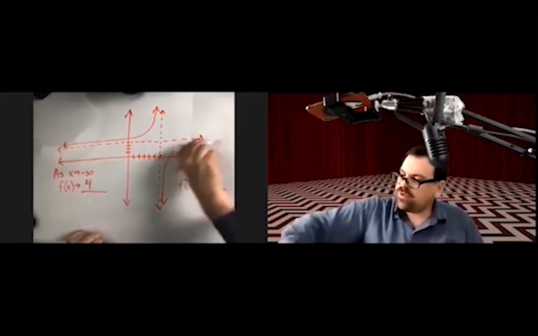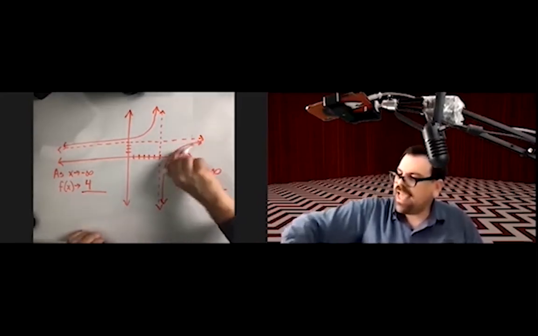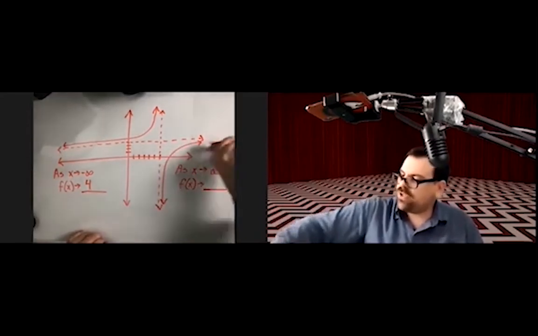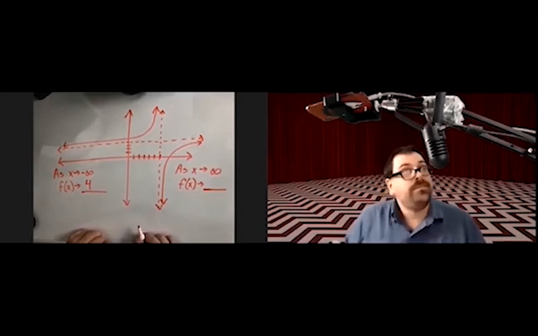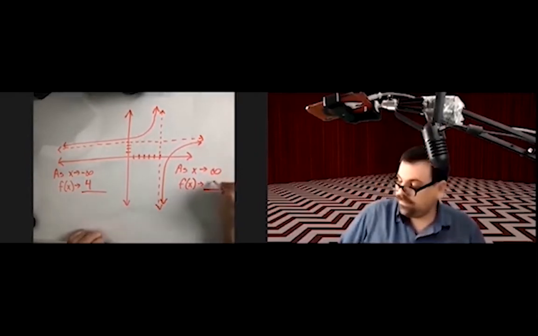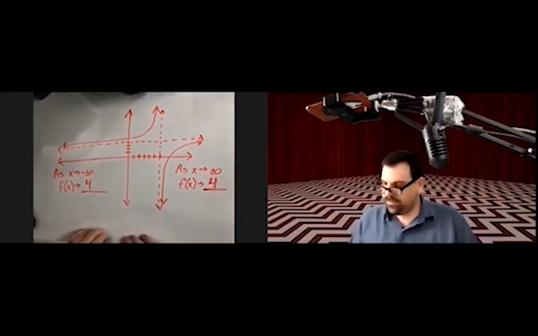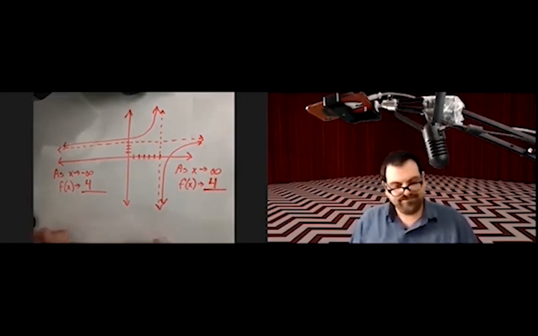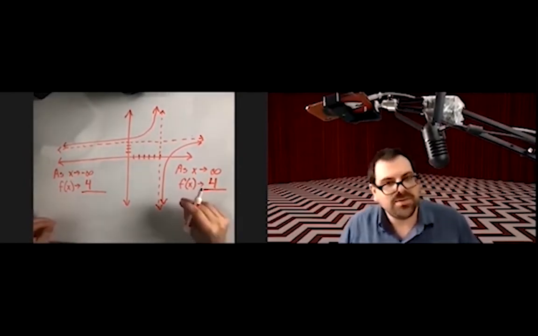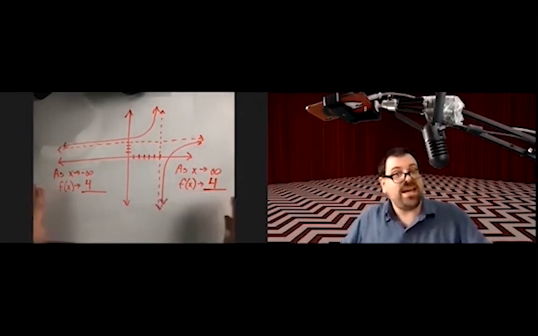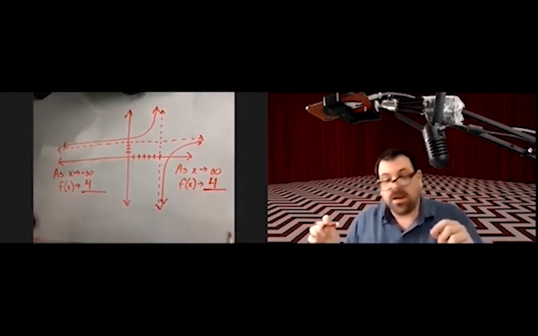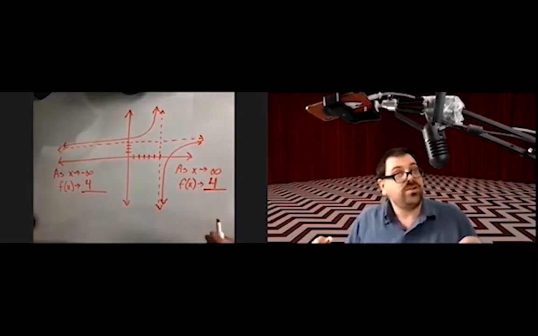Over here, as x approaches positive infinity, as x goes farther and farther to the right, f of x also approaches 4. So the horizontal asymptote tells us basically the end behavior of the rational function.